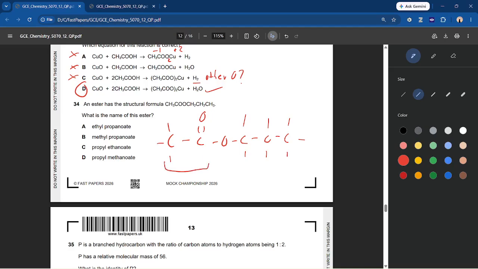The acid over here has 2 carbons. So this is going to be ethanoic acid, and the alcohol is going to be propanol. So it's going to be propyl ethanoate, 34C.